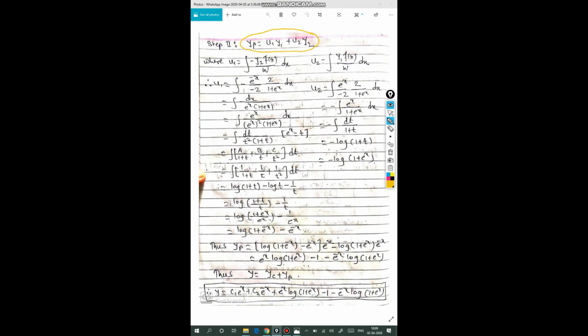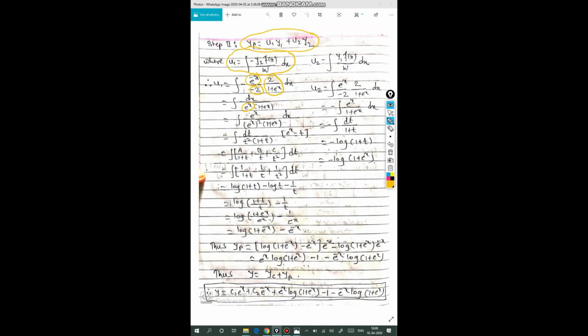So u1 is equal to integration of minus y2 f(x) upon W dx. The value of y2 is e raised to minus x, this is f of x, and this is the value of W. In the simplification, minus minus becomes plus, and this e raised to minus x is taken in the denominator with the e raised to plus x.